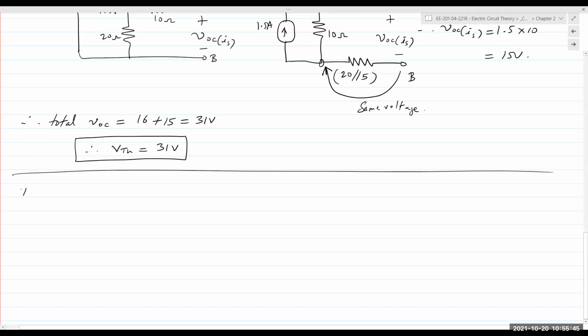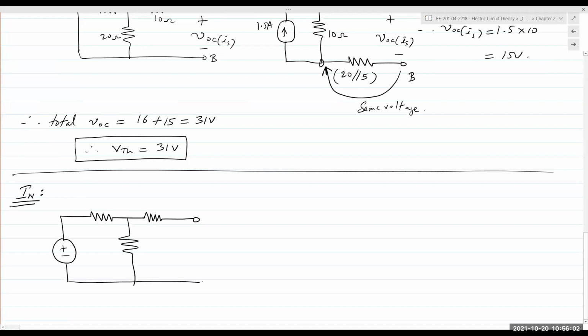So let's start with IN. IN is the same circuit again, but we have to set it up correctly. We have a current source.